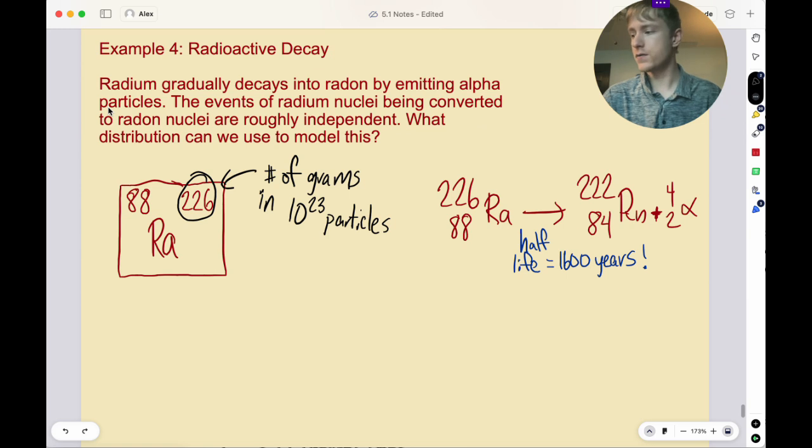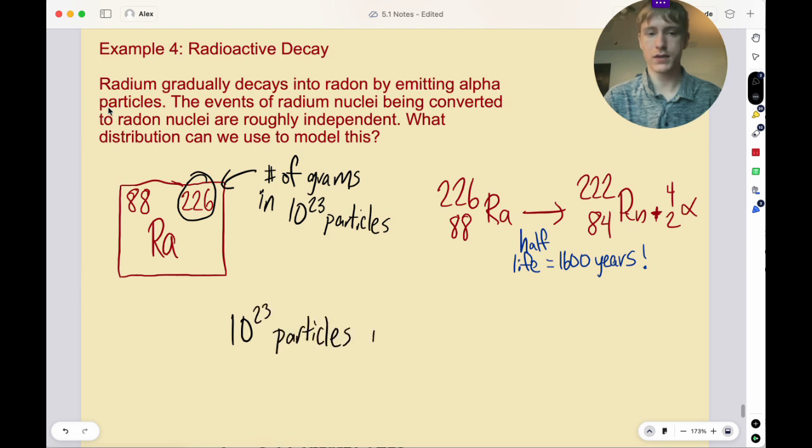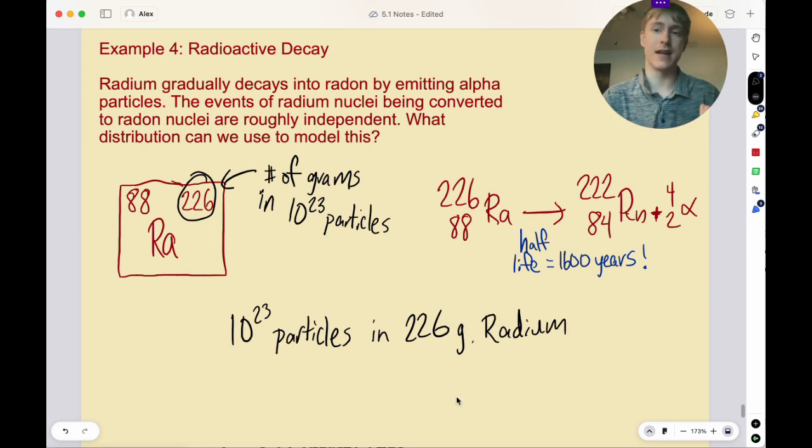With all of this information, what we can say is that there are 10 to the 23 particles in 226 grams of radium. So let's suppose that we actually start with a single gram of radium.